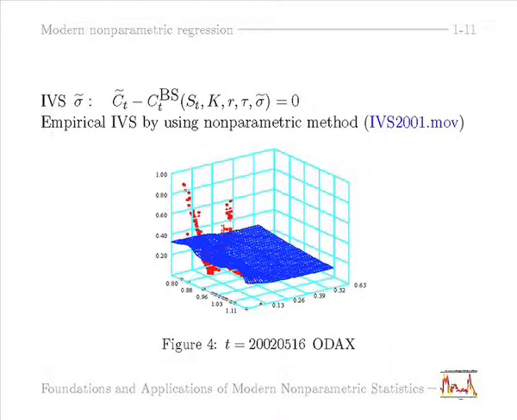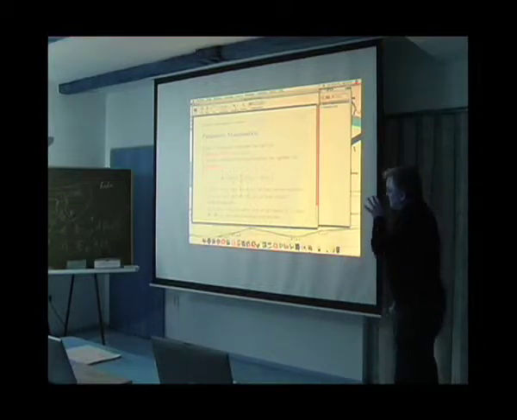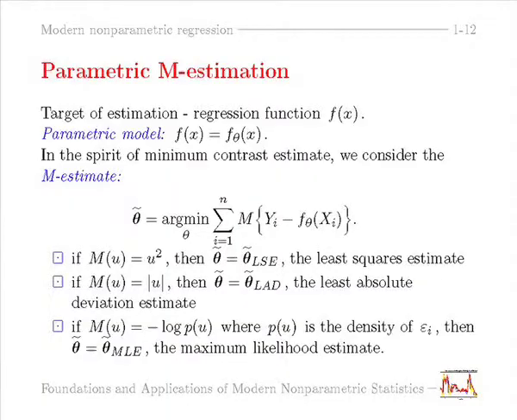Just show you one implied volatility surface, a corresponding movie you can download from the internet. What is the difference between these smooth non-parametric surfaces that you have seen and the parametric model, for example, of Bernd for these wages as a function of schooling?